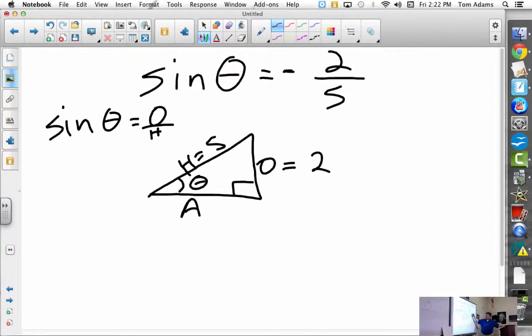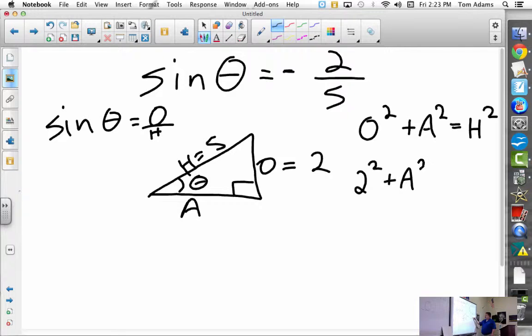Pythagorean identity, or Pythagorean theorem, except we write it a little different. We say the opposite squared plus the adjacent squared is equal to the hypotenuse squared. Well, the opposite is 2. I don't know what the adjacent is yet. And the hypotenuse is 5.